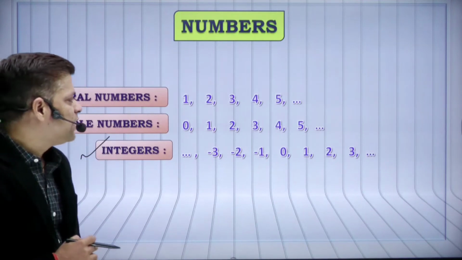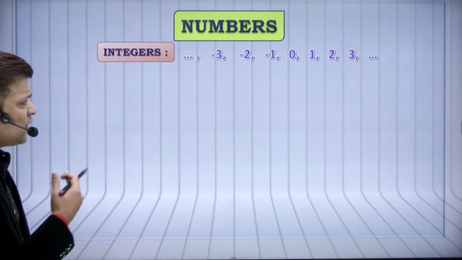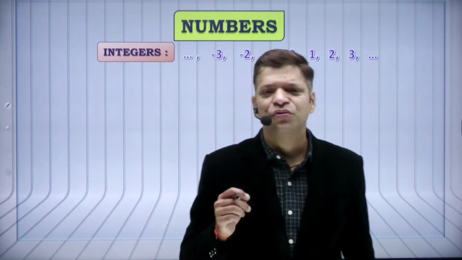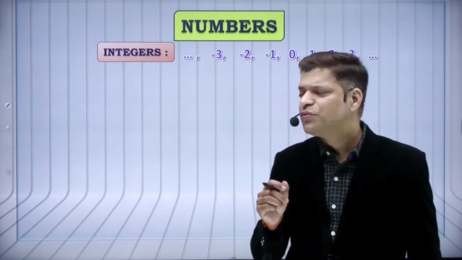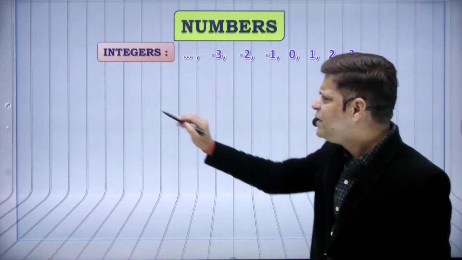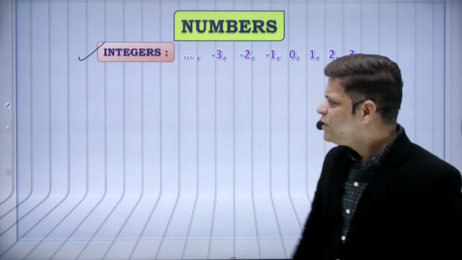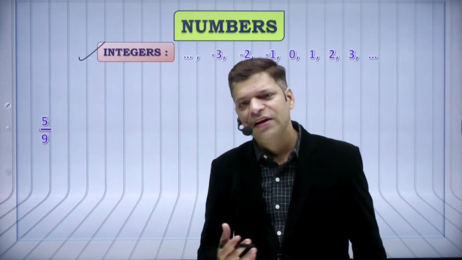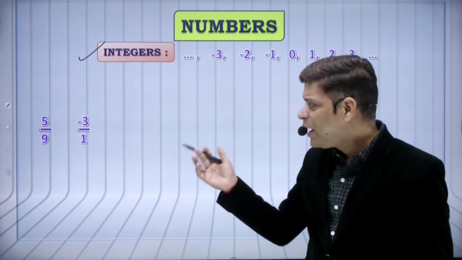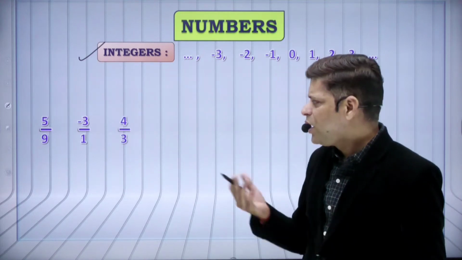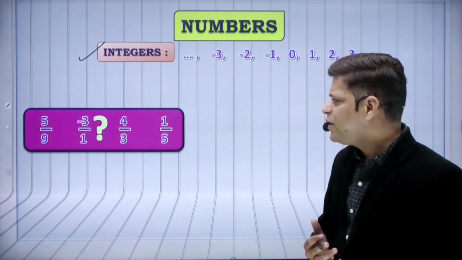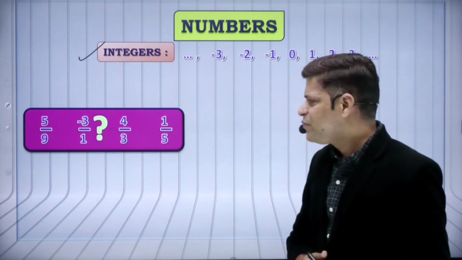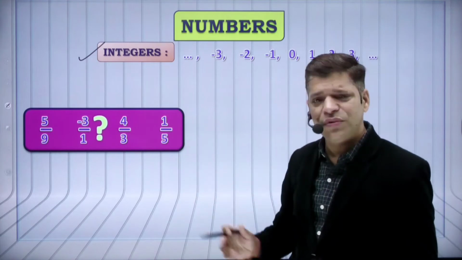Now next, as we know, integers are -3, -2, -1, 0, 1, 2, 3 and so on. Now, beyond the integers, if we consider new numbers like 5 by 9, -3 upon 1, 4 upon 3 or 1 upon 5, what will we say about these numbers?